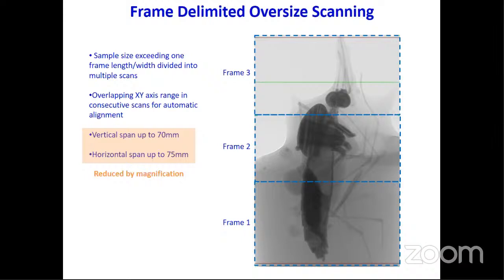segments as well. So what the machine can do here is to divide the mosquito into 3 separate frames, and then choose some overlapping area in order to maintain the continuity between separate frames, which is done automatically, and then scan the whole animal automatically.